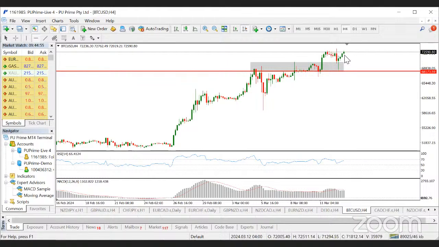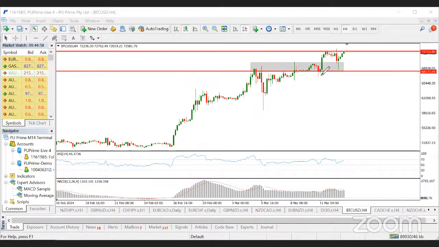So now two things could happen here. Again, we could end up with a double top, which could see price go down, or price could break above this current level and the bullish movement continues. So it could go either way, just watch out for the one that happens.